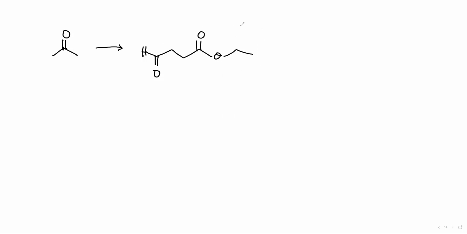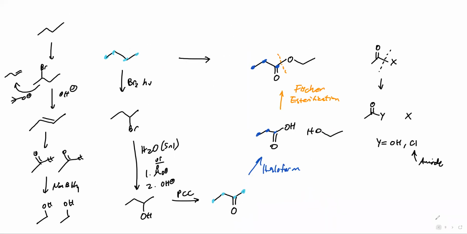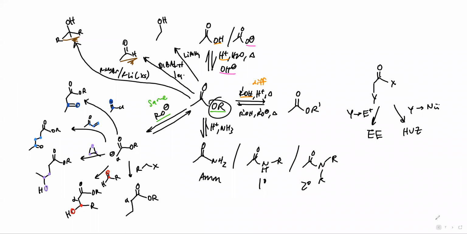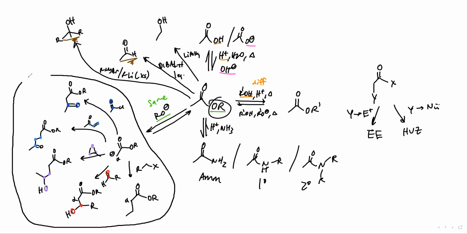But esters also had that whole field of reactions right over here that concerned the enolate. And the enolate, remember, was interesting in that it could add electrophiles to the alpha carbon.